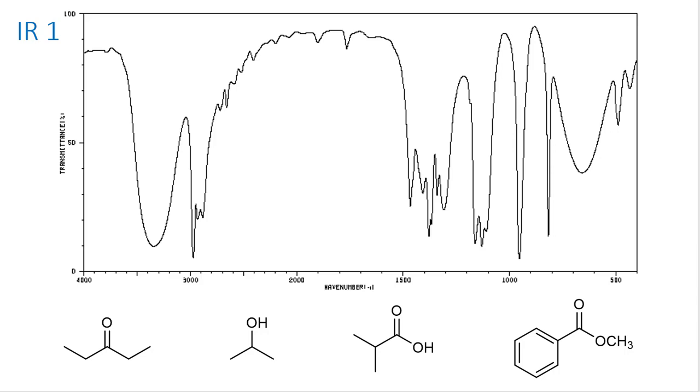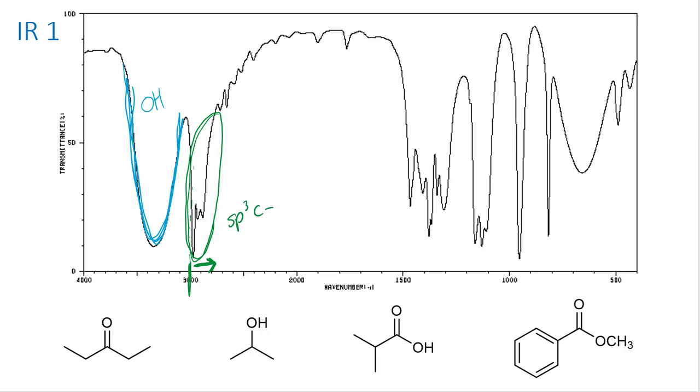If we consider the three key regions that we're looking for, this one does have an alcohol or OH absorbance. This broad, deep absorbance here is most likely due to an alcohol. If we look at 3000 wave numbers and what's on either side, notice that the structural features or the absorbances in that region are typically or mostly on the right-hand side.